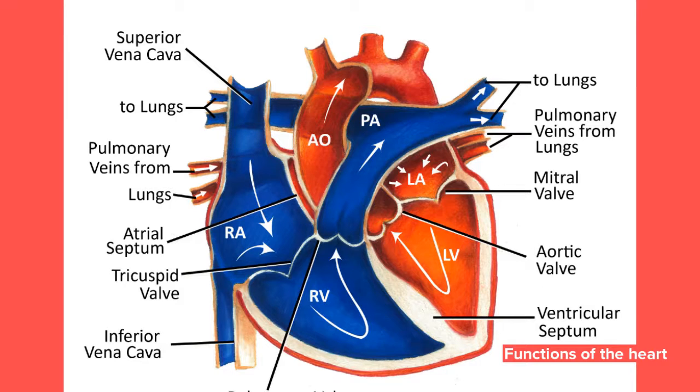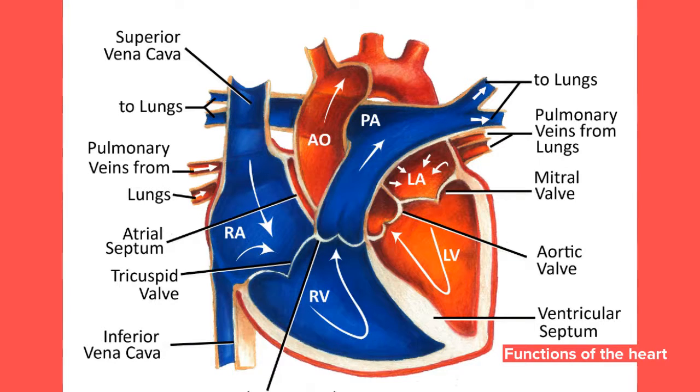This venous blood fills the right atrium. When the right atrium is full, it contracts and sends the blood to the right ventricle. Now the right ventricle contracts. This sends blood to the lungs through the pulmonary trunk, which is divided into right and left pulmonary arteries.